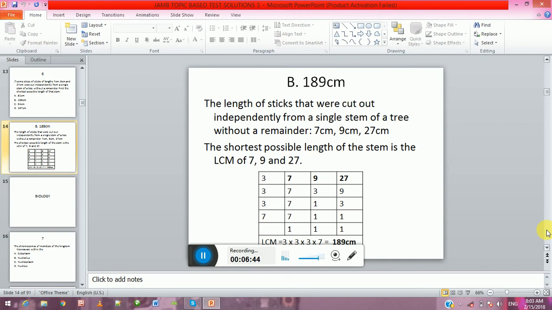If you make this simple table, you can find the LCM of 7, 9, and 27, and that will be 3 times 3 times 3 times 7, giving us 189. You have different ways of finding LCMs.